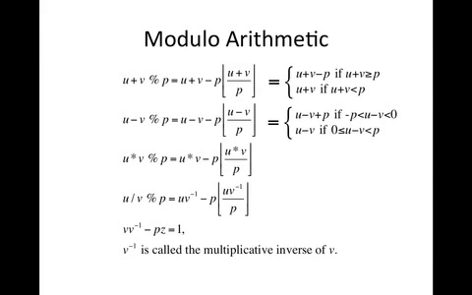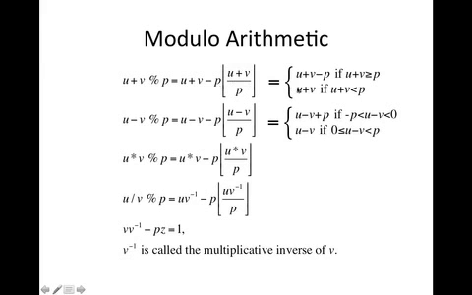So if you take two operands u and v, as I've indicated over here, and add the two together and then compute it in mod p, then effectively you're computing the residue or the remainder of u plus v when it is divided by p.